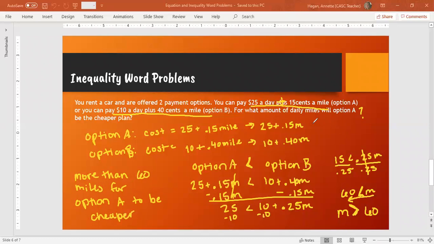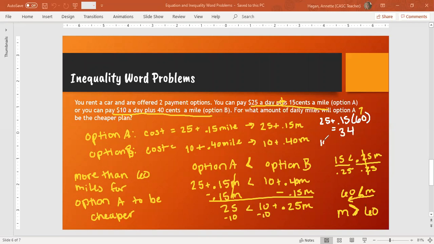So if I plugged in 60 here and worked this out, I said 25 plus 0.15 times 60, that is going to give me $34.